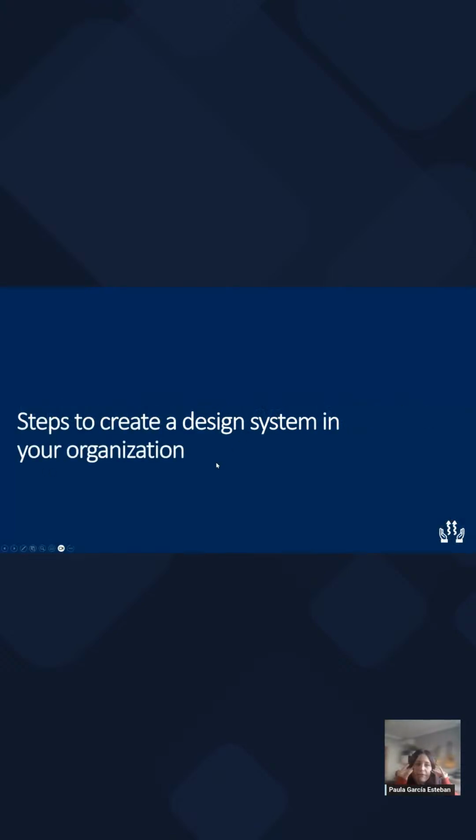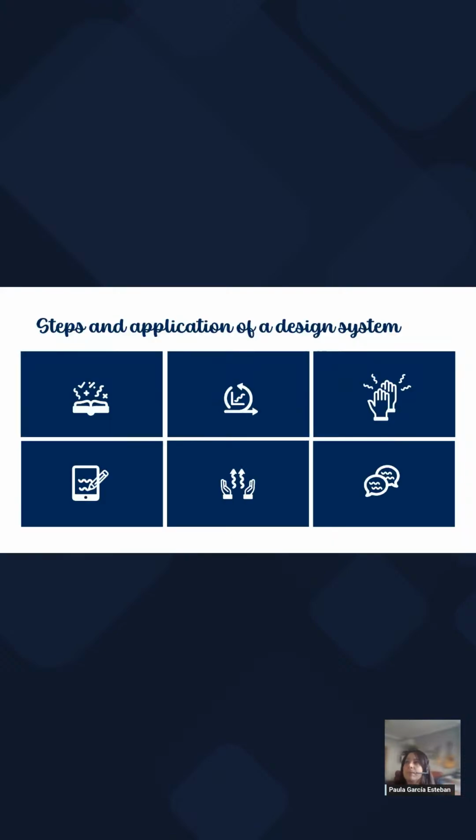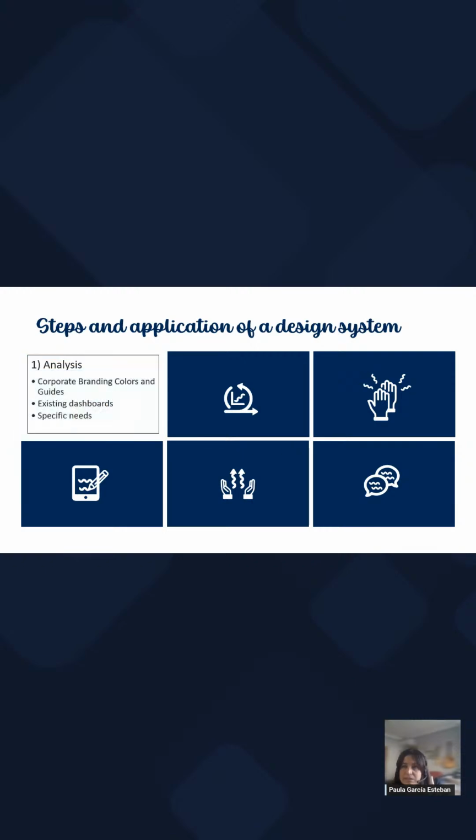Well, I want to have some minutes for Q&A, but let me show you the steps to create a design system in your organization. Basically, what I do is an analysis of corporate branding, colors, and guides. I try to collect all the information I have from marketing departments, etc., from the logo, from the colors, everything, and analyze the reports that already exist, because I will understand if I need filters, explanations, or alerts within the reports.